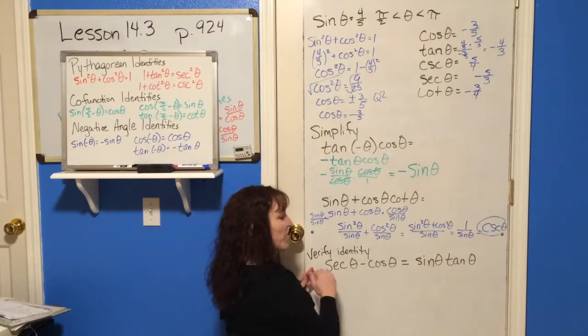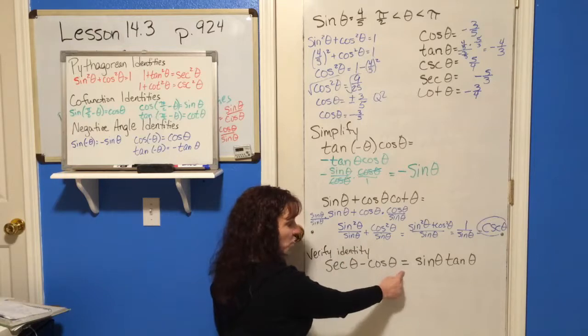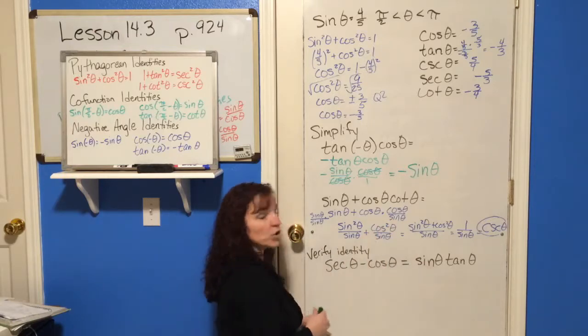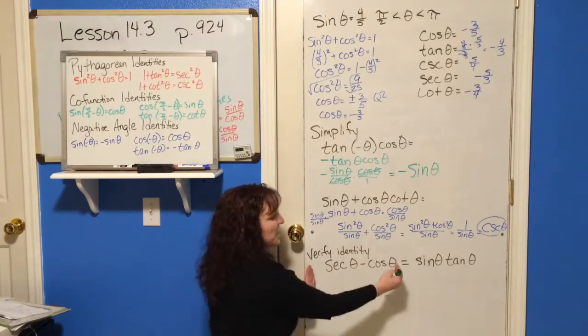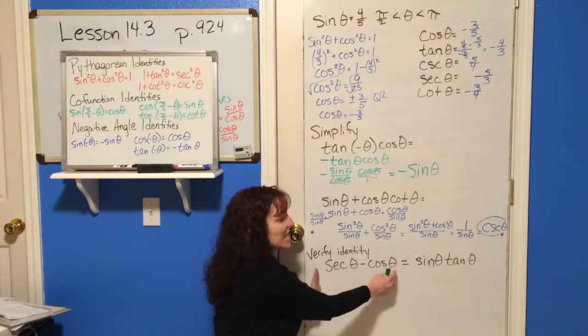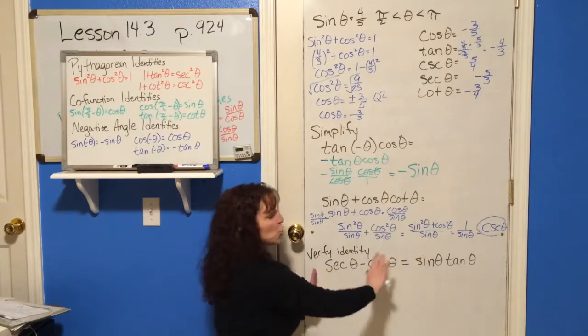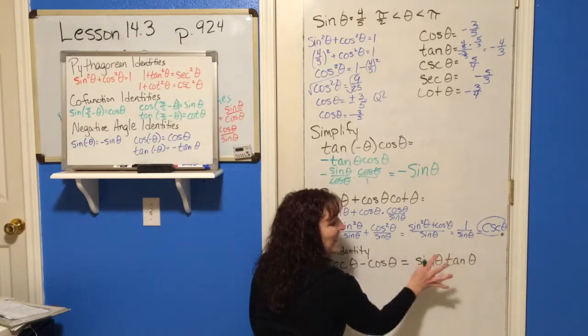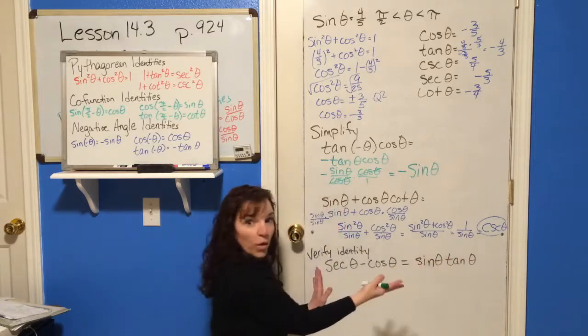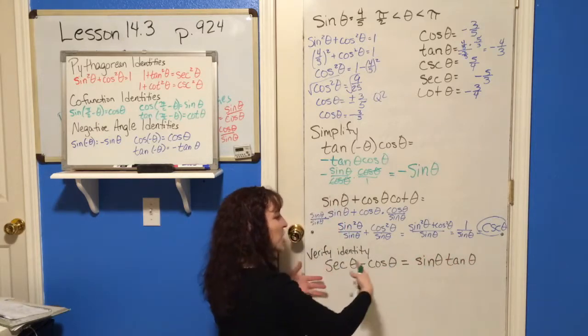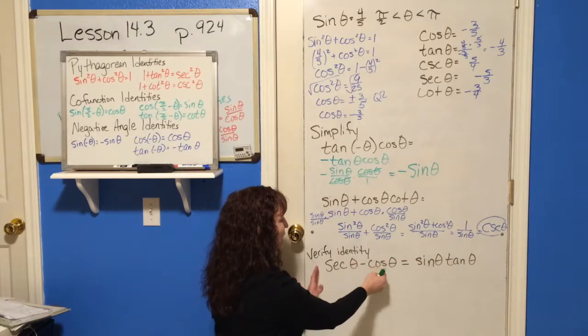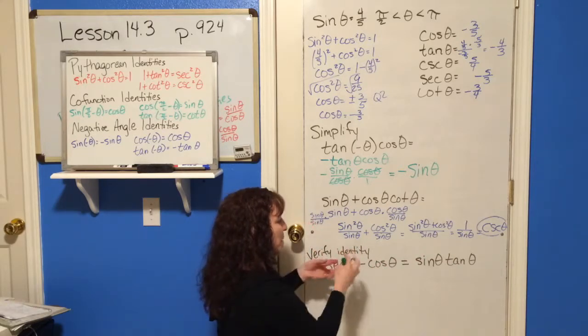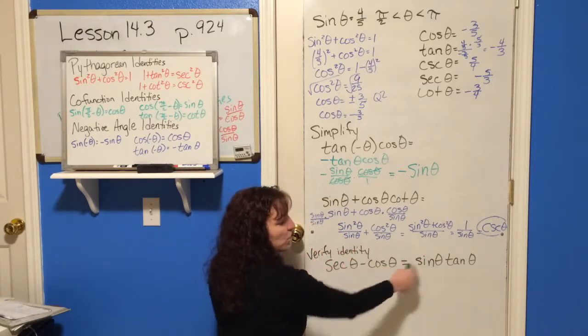Now, if this is an equation and I want to prove it, what we're going to do is simply manipulate the left-hand side until it matches the right-hand side. So don't mess with the right-hand side at all. That's what you want to end up with. So take your left-hand side and look to see, what can I use with my identities to manipulate this to make it equal to that?